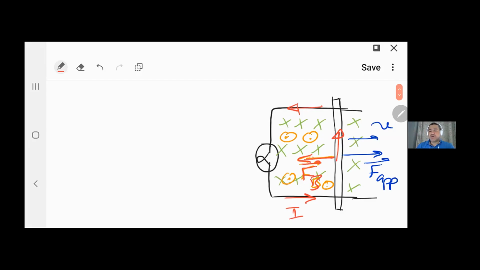So if you are to hold this bar and try to slide it left and right, you will always see a resistance toward your motion.